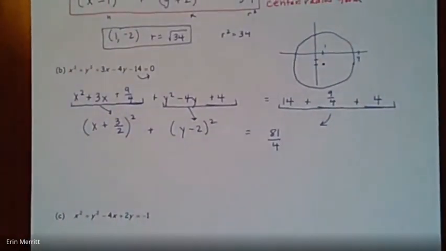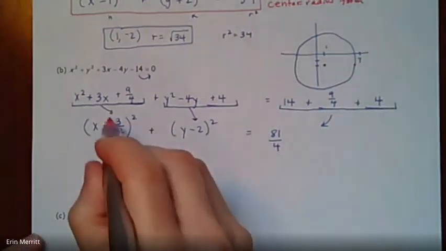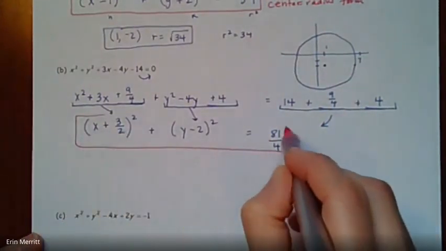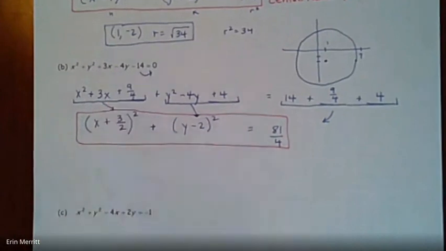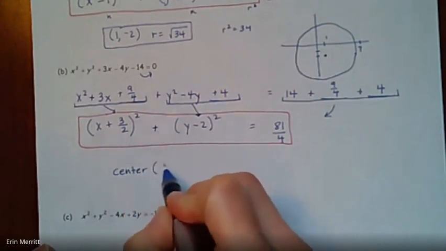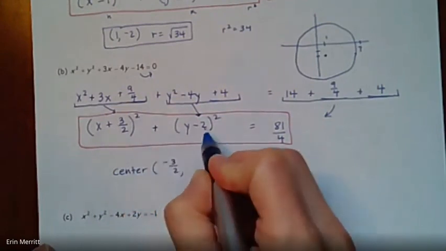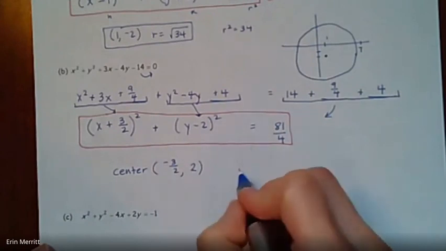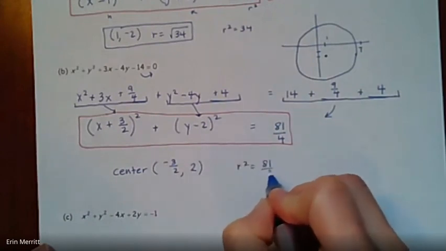Okay, we are in center radius form right here. Now you just have to think, what is the center? What is the radius? So the center, flip your signs, should be -3/2, +2. R squared equals 81/4.